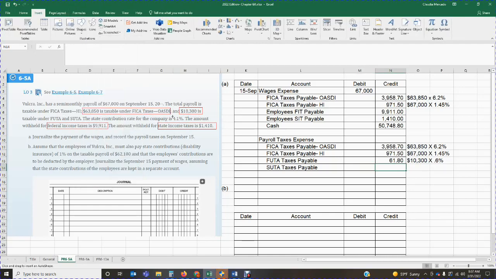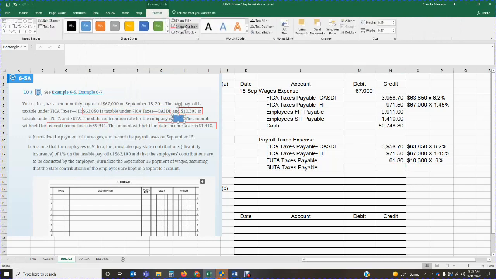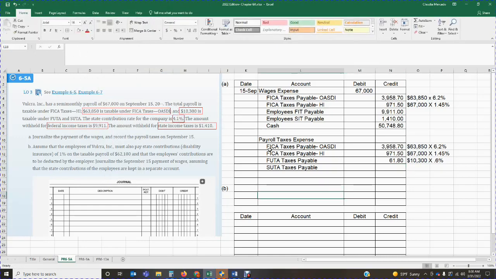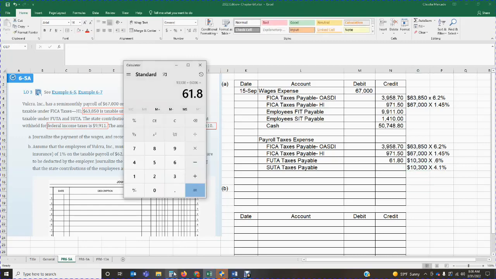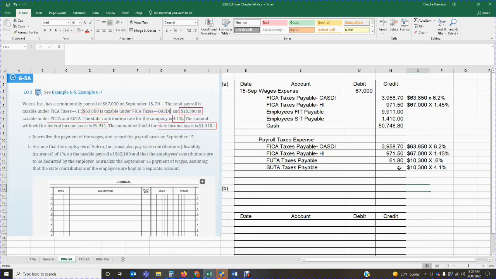The rate is given to you in the problem for your SUTA tax. Remember, this is the amount that is actually paid out to employees if they file for unemployment. So I'm going to multiply my taxable base of 10,300 by my rate of 4.1% given in the problem. 10,300 times 4.1% gives me 422.30.